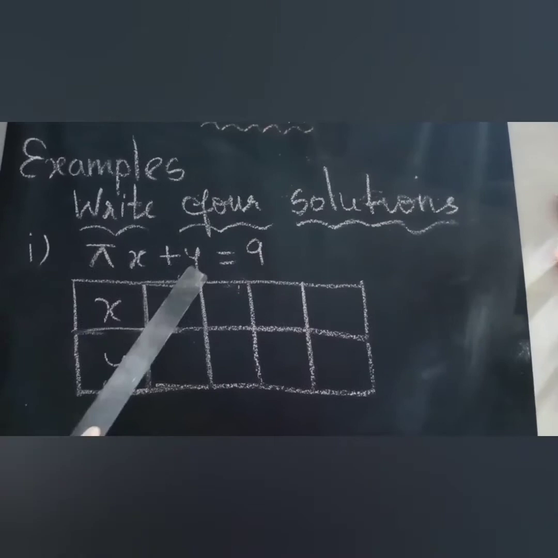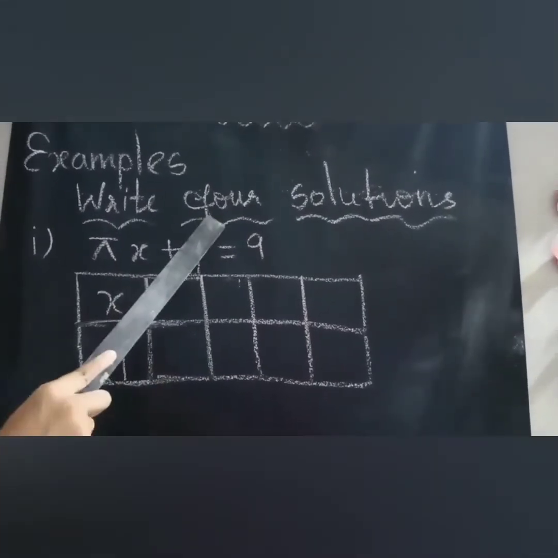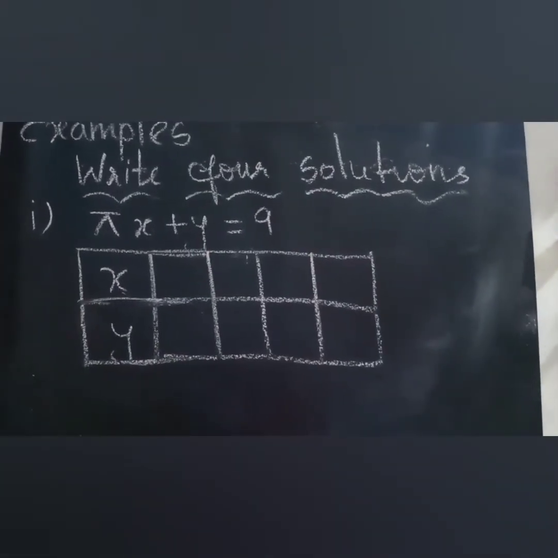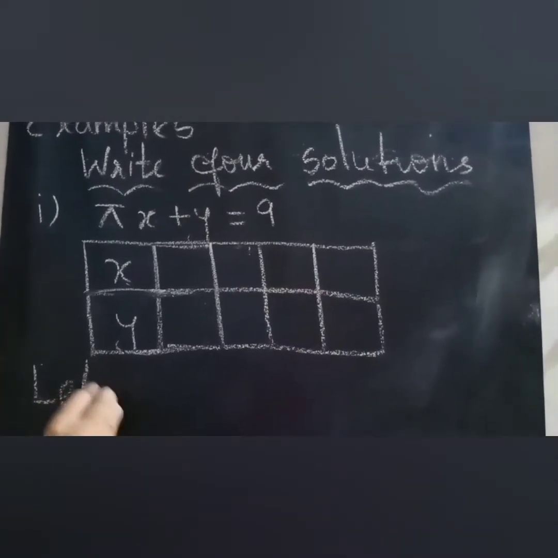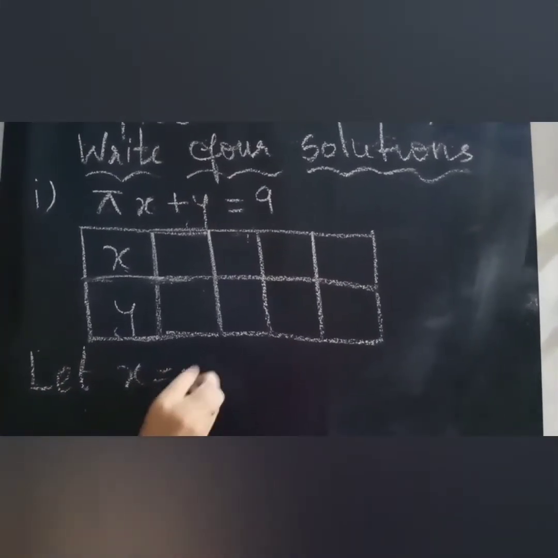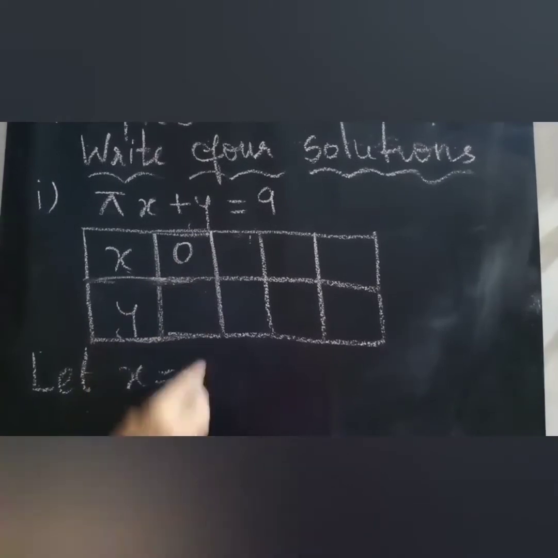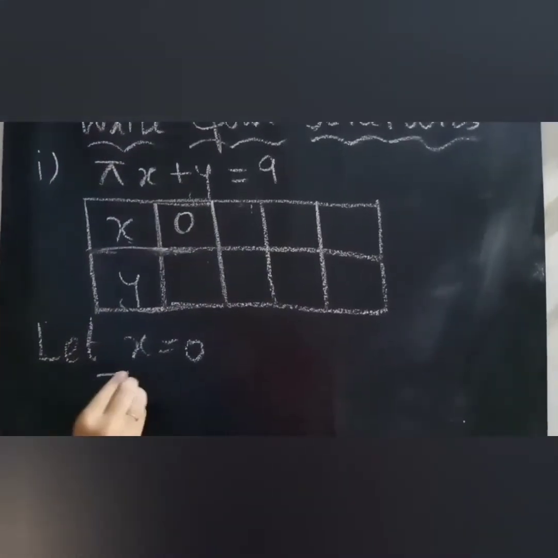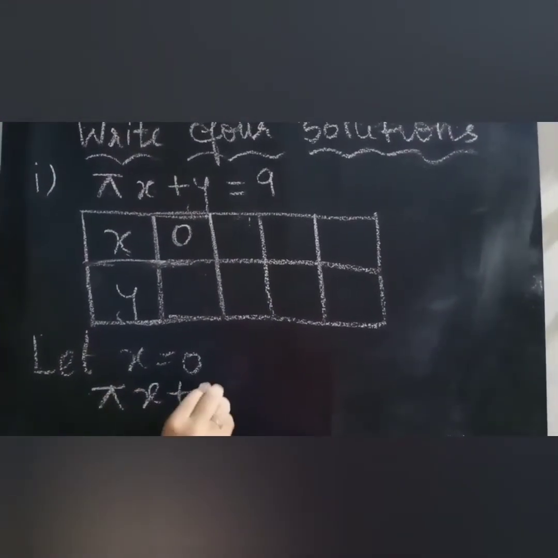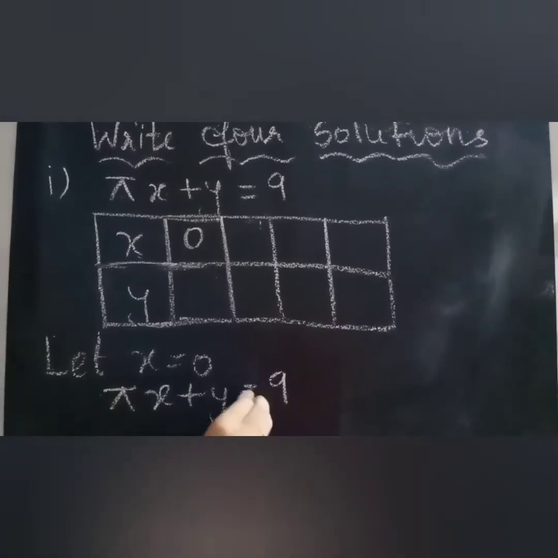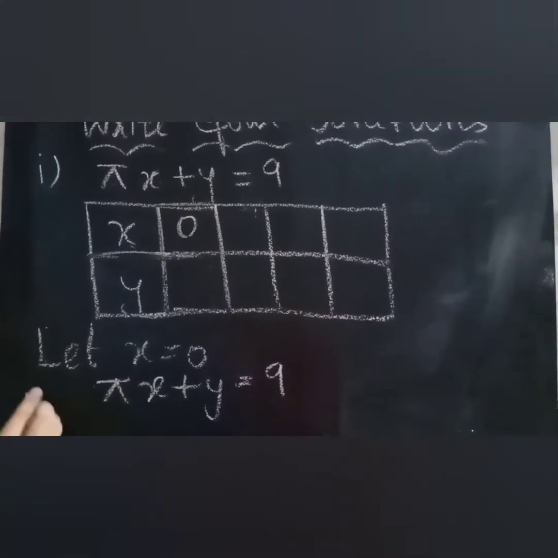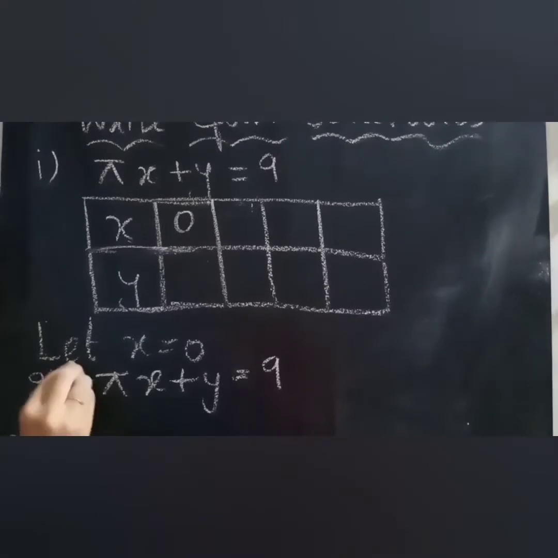Write four solutions of pi x plus y equal to 9. Here you can substitute any value for x. Let me substitute 0 for x. So if x equal to 0, just substitute this value in the given equation pi x plus y equal to 9.